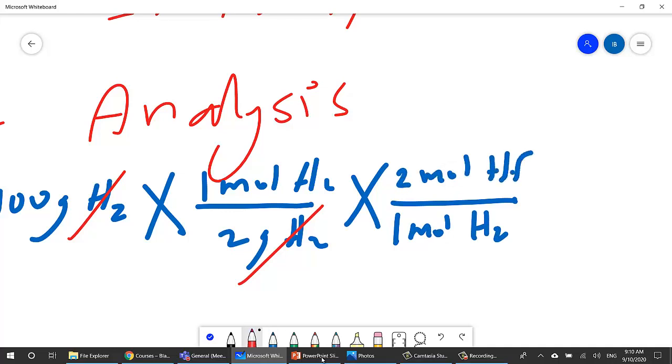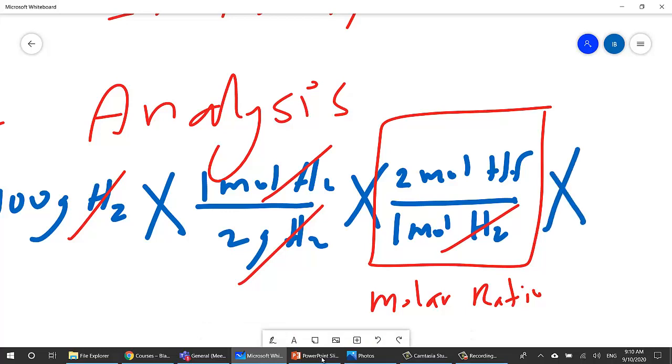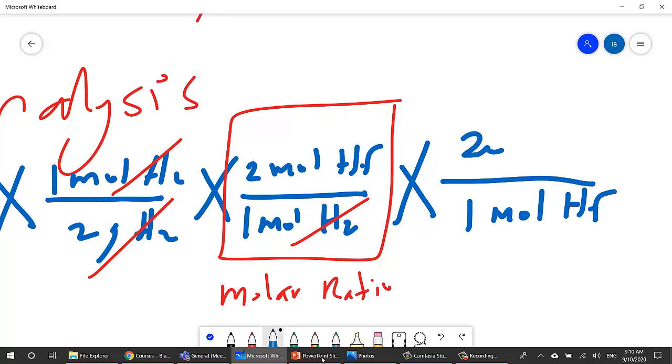Where did I get this from? This is called the molar ratio. Don't forget this. You have to put it in, okay? So now this moles of H2 goes with this. Now I have moles of HF. Very good. So I just change that into mass. I know how to change that, I did it many times. So I know that 1 mole of HF is equal to 20 grams of HF.